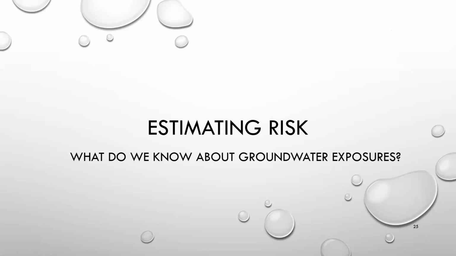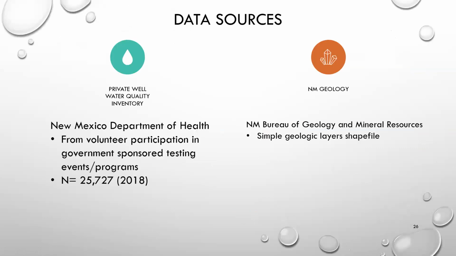So what do we know about groundwater drinking water exposures in the state? Again, our best source of data is the water quality that we do know, so our water quality inventory. And then also, what do we know about the geology in the state?